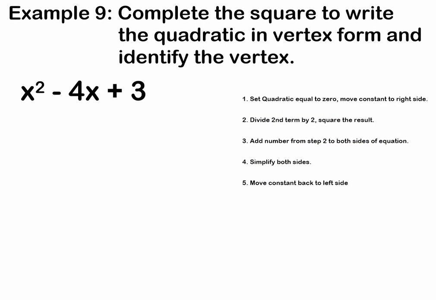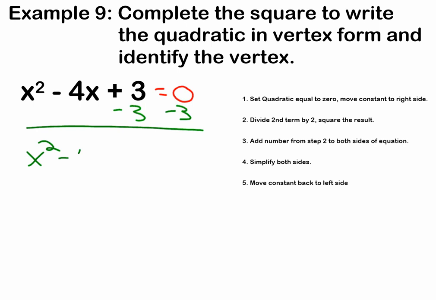Pause the video now as you try example 9. Press play to go over your answer. Try all the steps. You can do it. Okay, first things first, set it equal to 0. Move the constant to the opposite side.